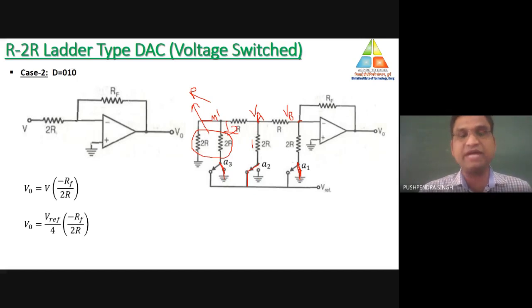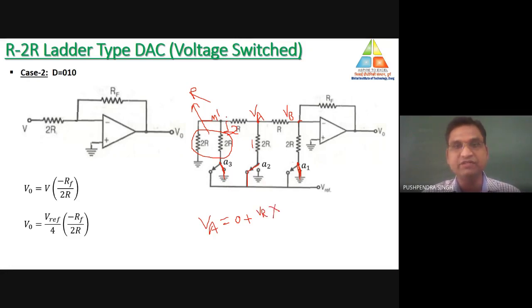So now we need to calculate the value of this VA. What is the value of VA? This terminal is connected to ground, so the effect of the total voltage on VA due to this terminal is equal to 0. Plus, what is the effect of this terminal's voltage source? The value of the reference voltage is VR multiplied by the opposite side of this resistance.